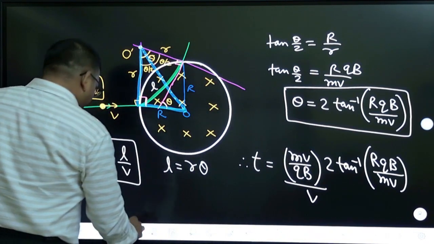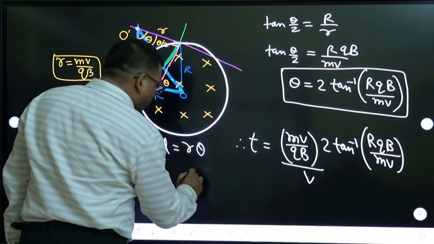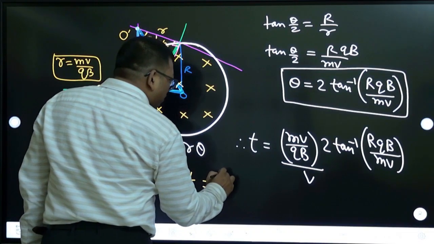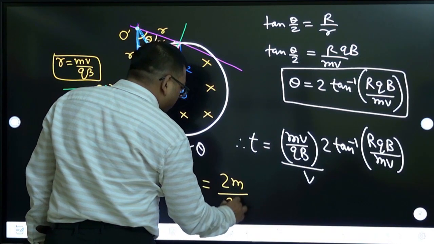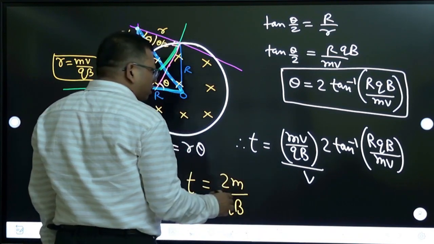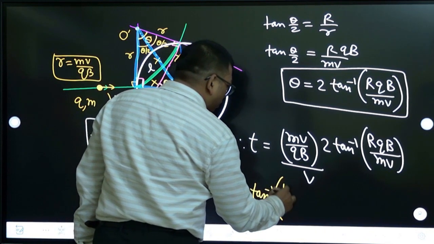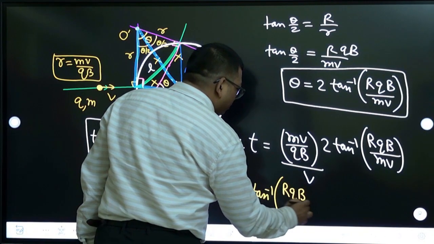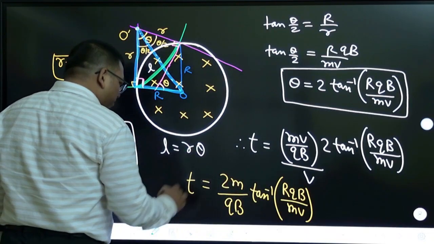So once I remove that speed, I got a formula for time. Time definitely does not depend on speed. This is one thing that we can write. So 2m by qB, tan inverse of R qB by mv. This is the exact formula that we have got.